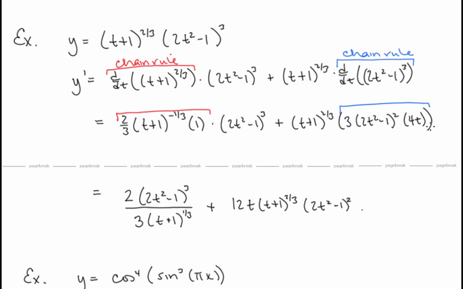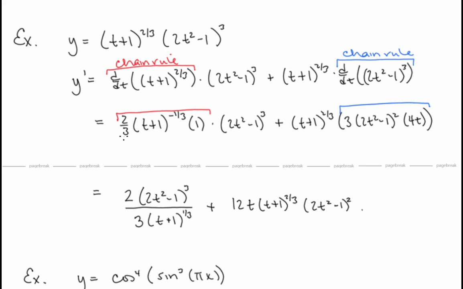And there isn't very much we can do here to simplify, but there are a couple of things. Let's take this (t plus 1) to the negative 1/3 and bring it down to the denominator, writing that to a positive exponent. So we'll bring it down to join the 3 in the denominator. So we're going to have left in the numerator 2 times (2t squared minus 1) to the 3rd.